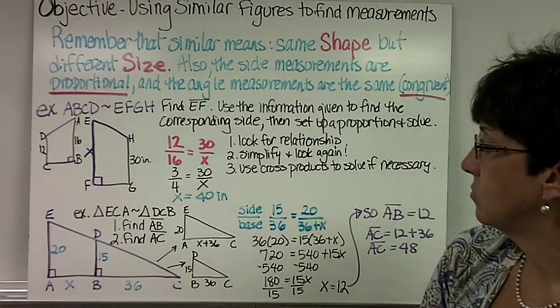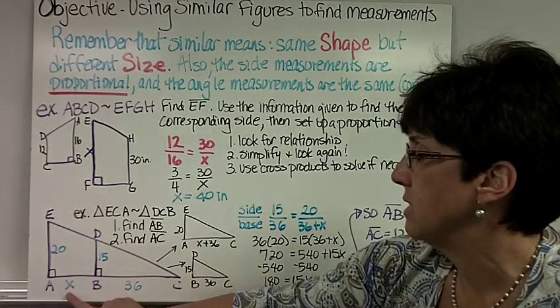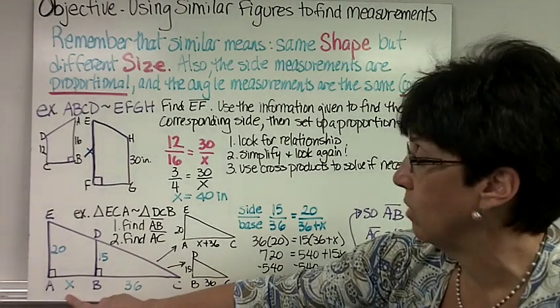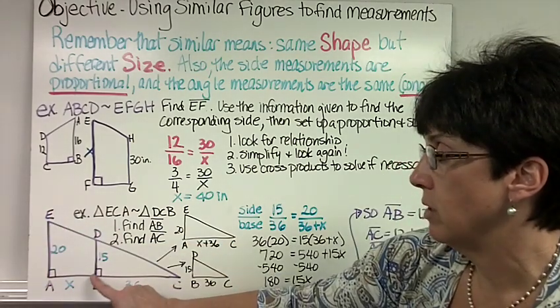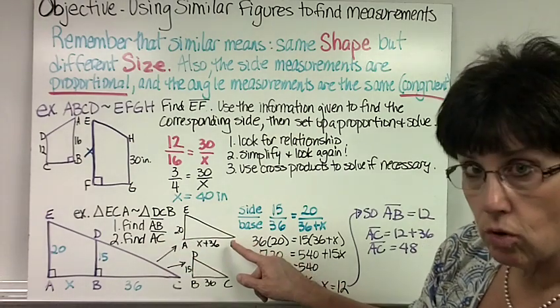If I need to find what AB is, that means I need to find the X part. I cannot just find this by itself because this is a side of this trapezoid, and this is not a trapezoid, it's a triangle. So I need to find it using the whole triangle.